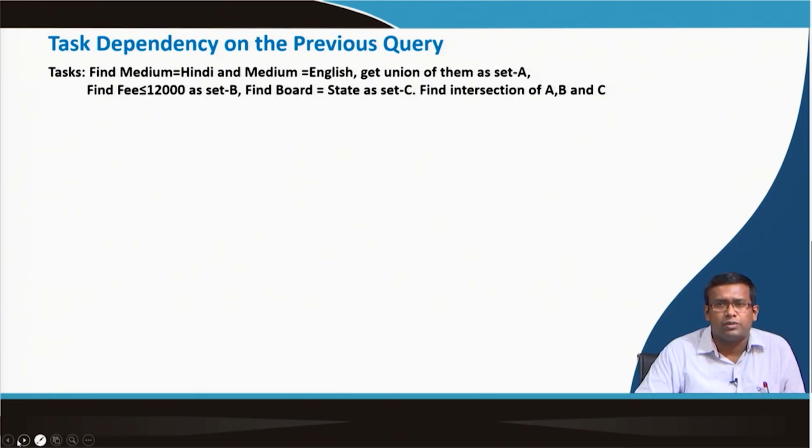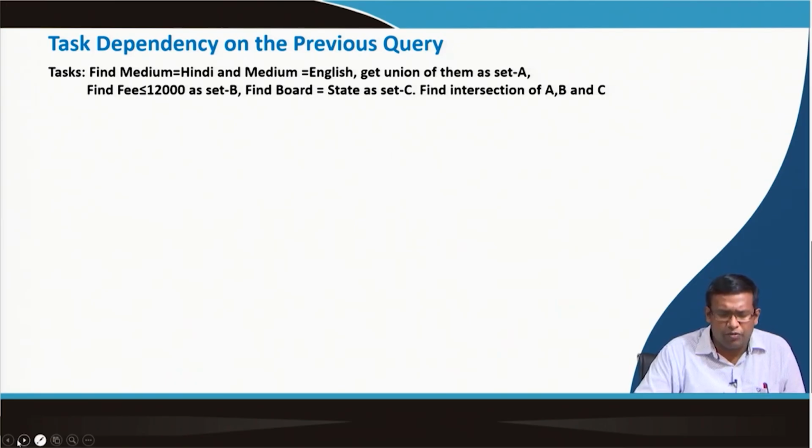Then find the union of these sets: the schools where the medium of instruction is either English or Hindi. Call that set A. Then find the fee less than or equal to 12,000, called set B. Find board is state board, set C, and then find the intersection of A, B and C.